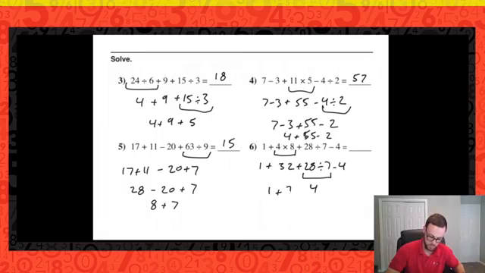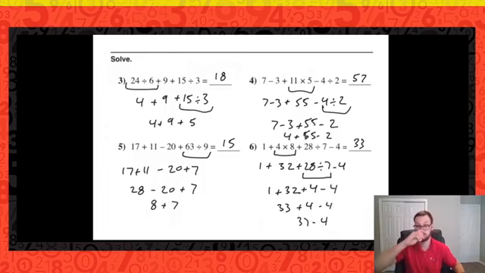So now I have 1 plus 32 plus 4 minus 4. 1 plus 32 is 33 plus 4 minus 4, 37 minus 4 gets me back to 33. All right. Well done, everybody.